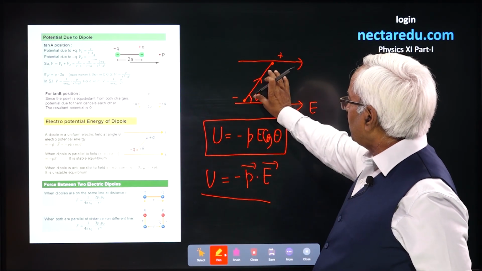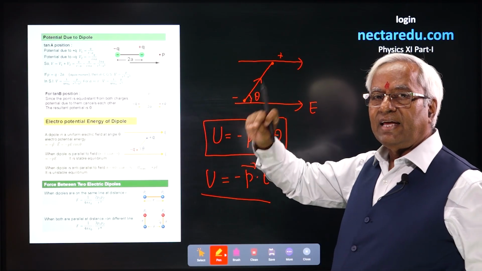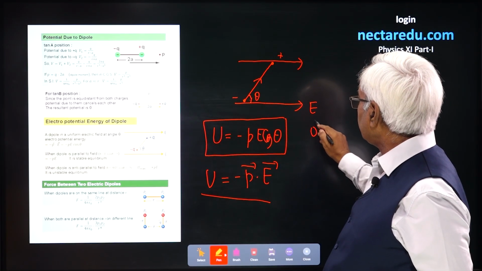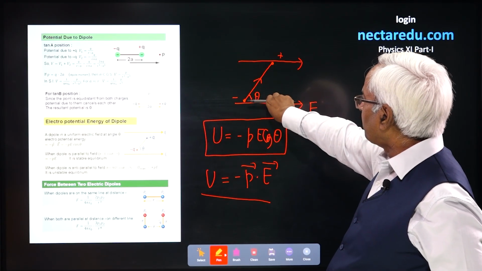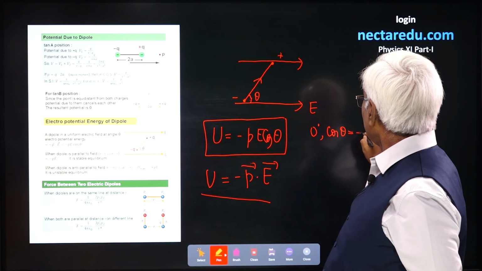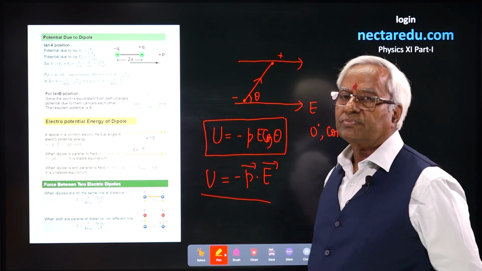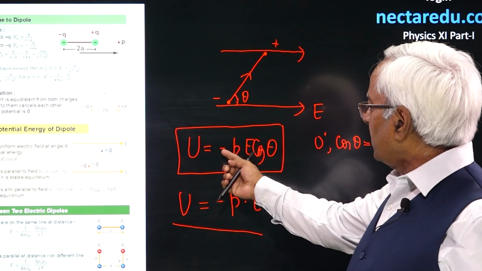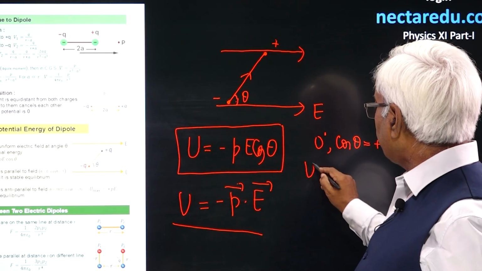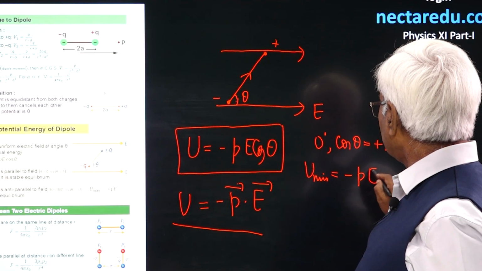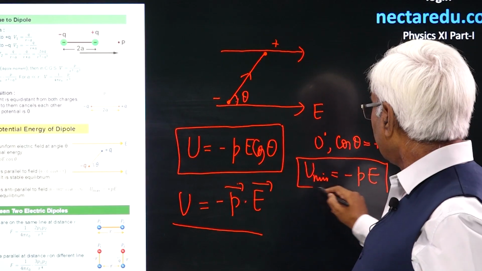This angle is variable. You can assign any value to it. If it is 0, it simply means the dipole is parallel to the field. In that case, cos theta is going to be maximum. When you put this maximum value, you'll get U minimum, which is minus PE.